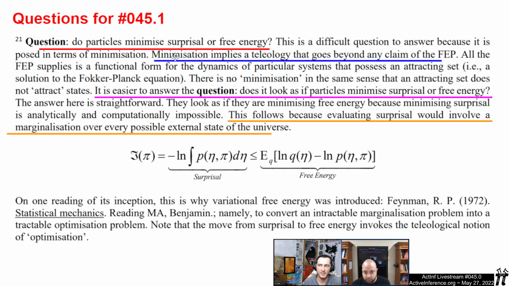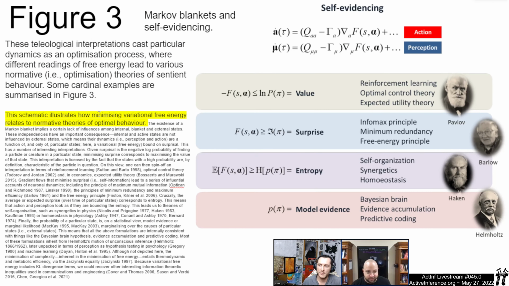Wait, but I thought that minimization implies a teleology that goes beyond any claim of the FEP. But minimizing variational free energy relates to normative theories of optimal behavior, like value maximization, pragmatic reinforcement reward learning, Pavlov, surprise, novelty, info gain, infomax.